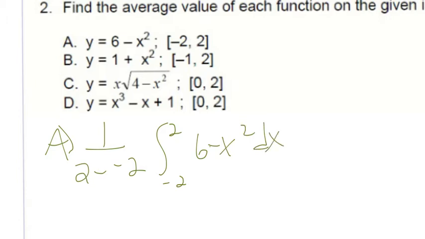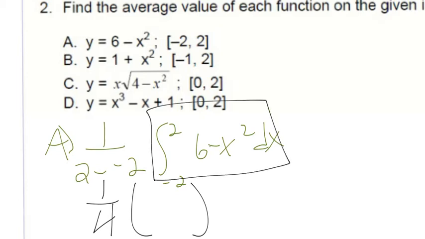So I'm going to simplify the fraction in the front. 2 minus -2 is 4, so 1/4, not negative. In the calculator, you have to math 9 your integral. Find this with math 9 and get a value here, and then multiply them together to get your final answer.